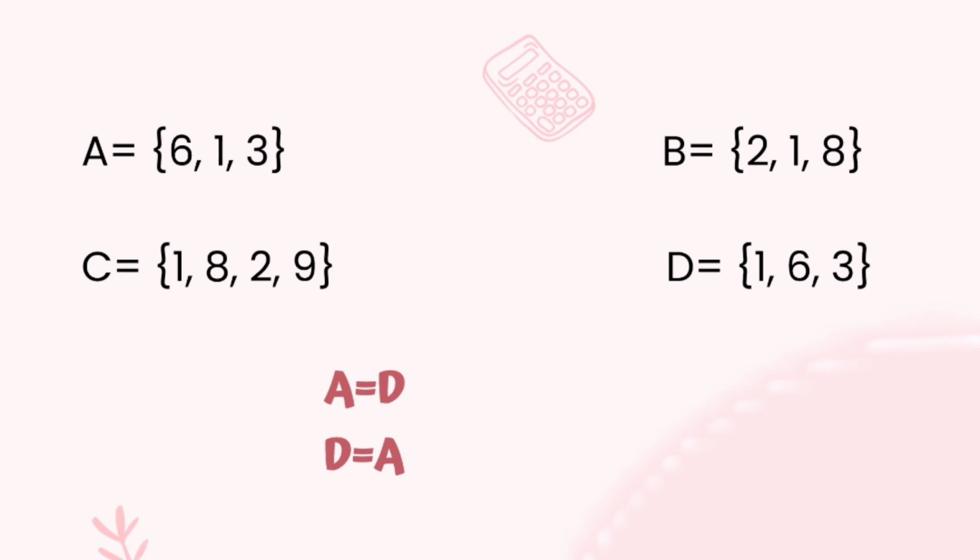Because they don't have exactly the same elements, the two sets are not equal. So we would say that set C is not equal to set B.